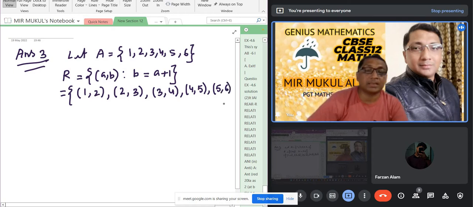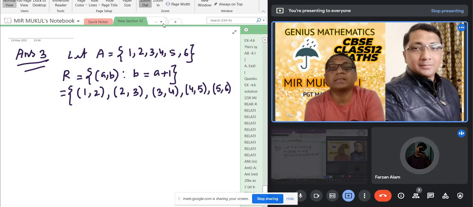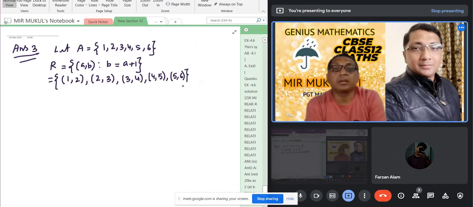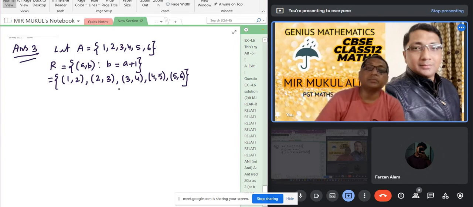Can you take 6? No, because 7 does not belong to A. So according to this condition we get the ordered pairs (1, 2), (2, 3), (3, 4), (4, 5) and (5, 6).